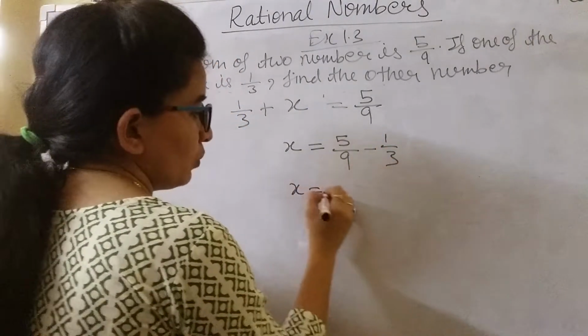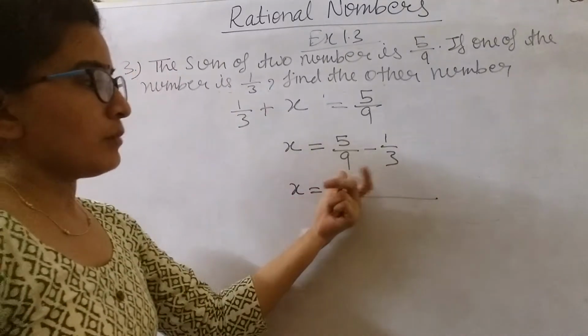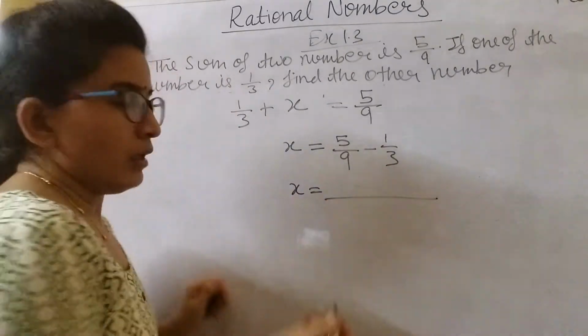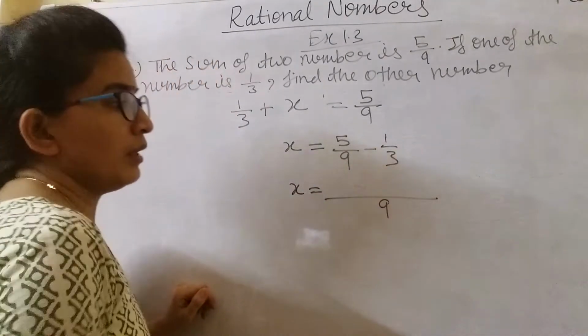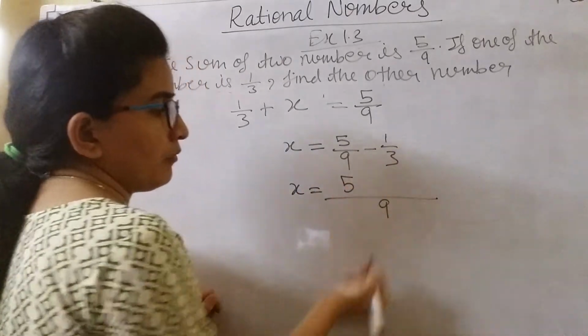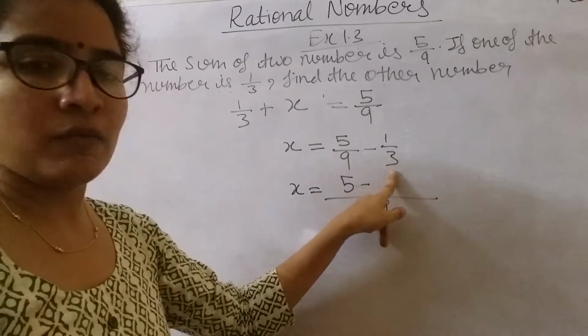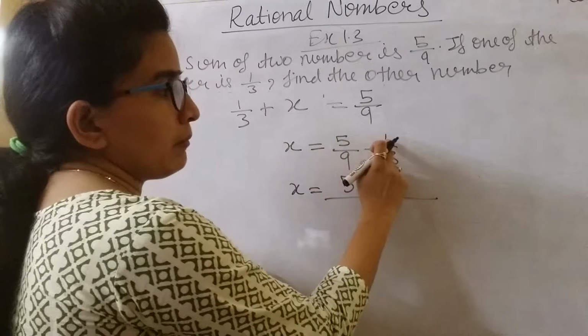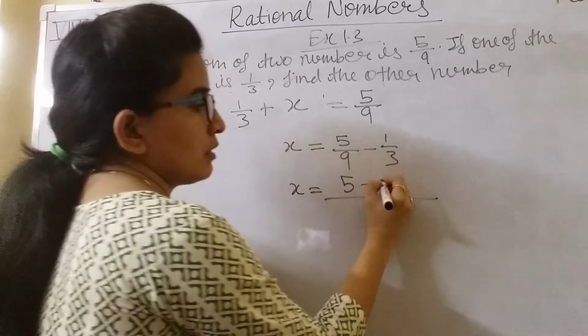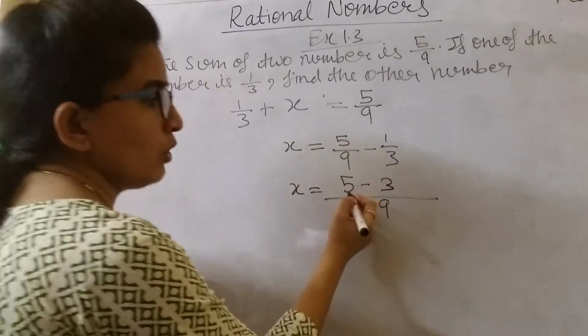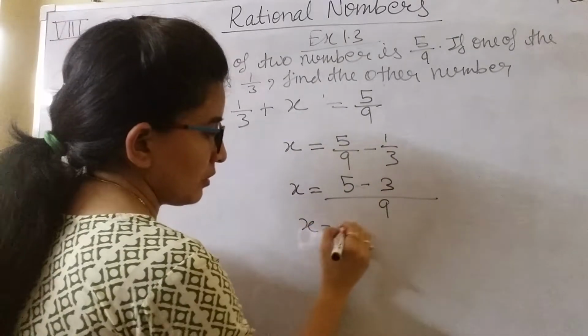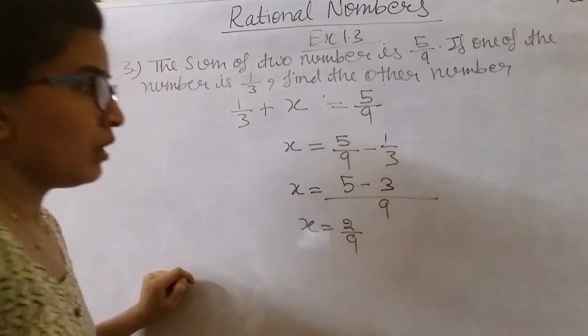So now we will take LCM of 9 and 3. That will be the bigger number, 9. Now here we will take 5, and 9 will be divided by 3. We will get 3. So 3 will be multiplying with this 1, we will get 3. So 5 minus 3 is 2 upon 9.